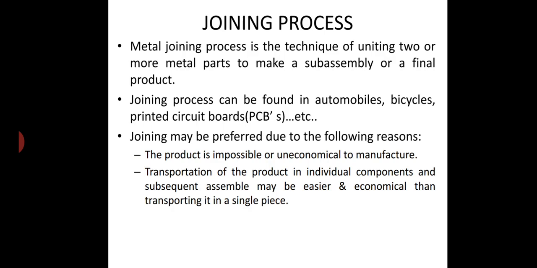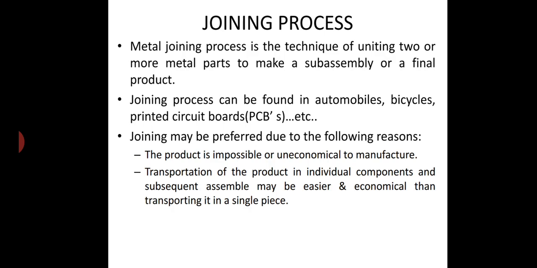So why do you require a joining process? Because you have already seen casting and all. Why can't you build a product as a single piece? Why do you prefer sub-assemblies instead of a whole product? Suppose you have an automobile.